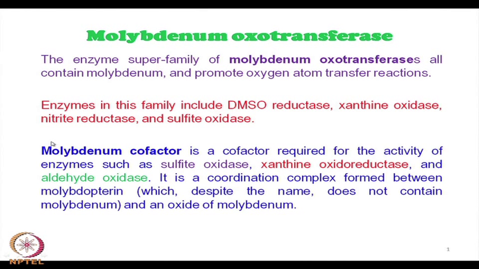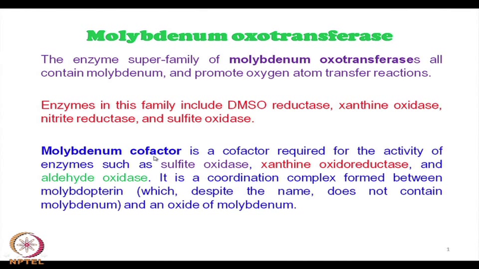So always we are talking about how you transfer the oxygen atom from the water molecule through molybdenum to the nitrogen center, the sulfur center, the carbon center, or the sulfur center in the sulfite anion. That means the sulfite to sulfate interconversion is also possible with the help of these molybdenum oxotransferases.